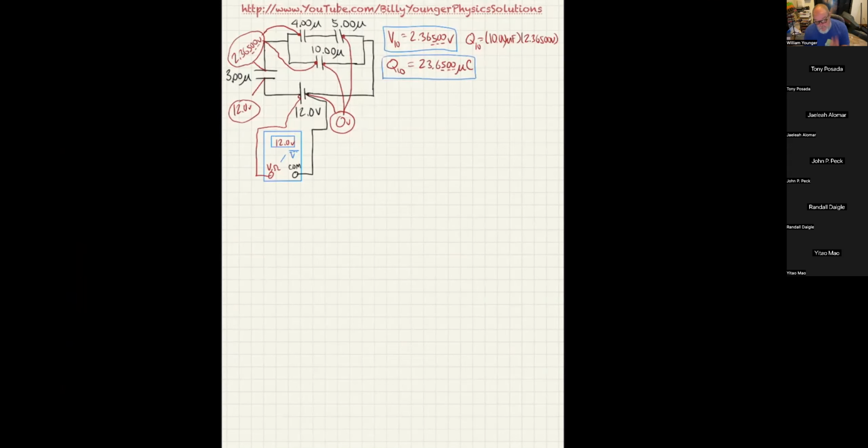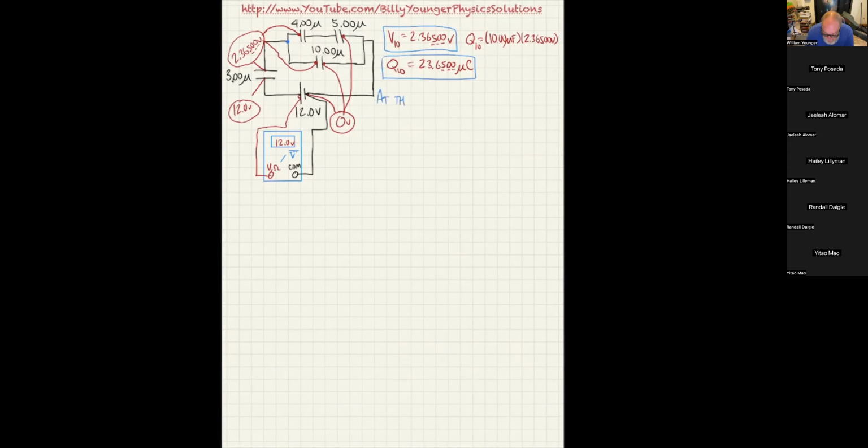Okay, so now we know how much charge went to the 10 microfarad capacitor and the total charge that came into that junction. Notice right here, that's a junction.